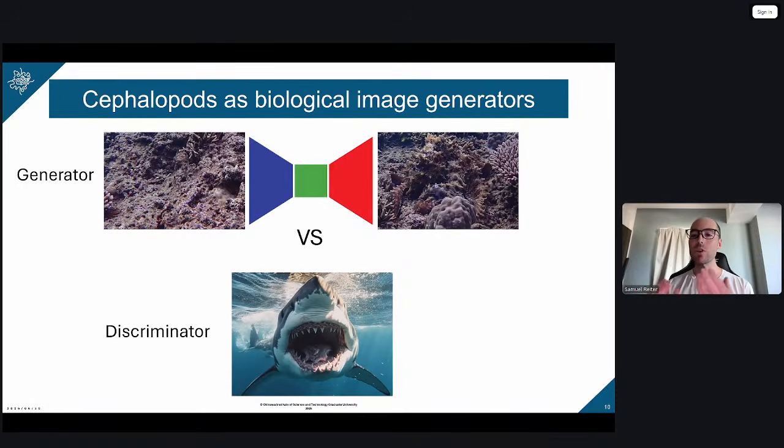So over evolutionary time, we could train the cephalopod to produce more and more realistic skin patterns, and the predators to perceive and discriminate visual textures better and better. And I think what we see now in extant predators and in living cephalopods is the result of such an evolutionary arms race.